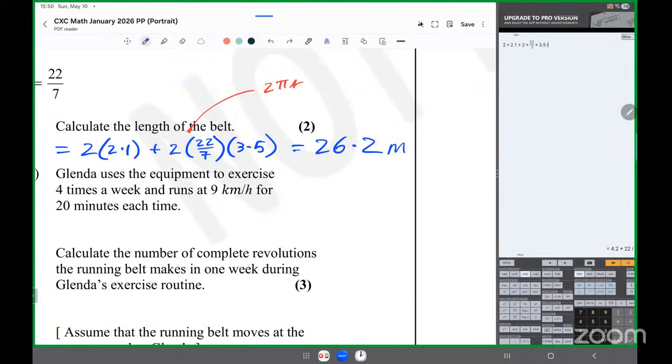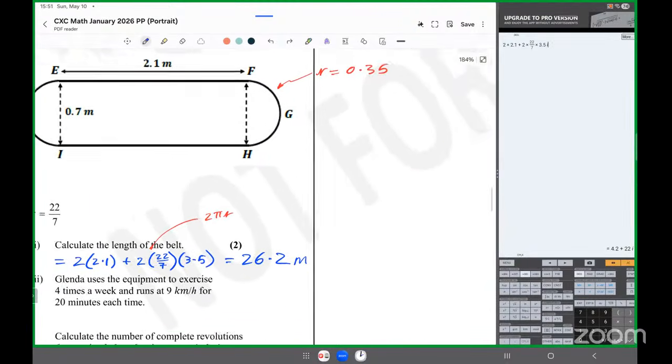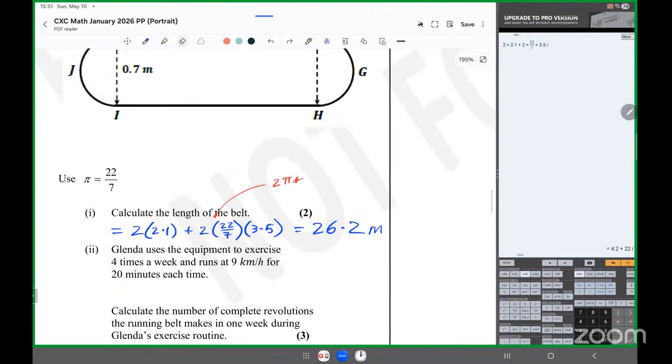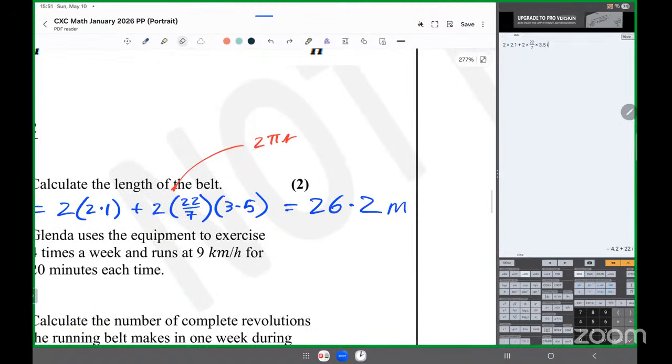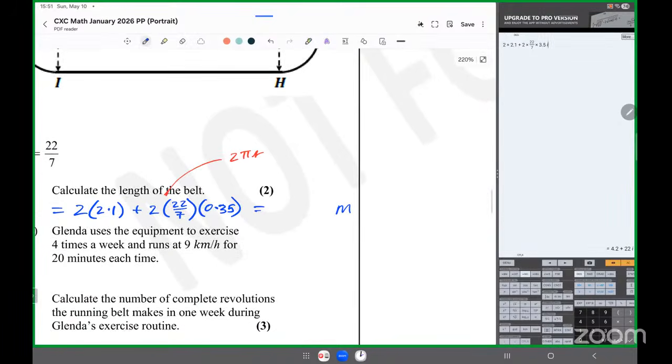The radius is 3.5. Oh, sorry, my mistake. I have 7 stuck in my head. The radius is 0.35, so I'm going to change this calculation here.